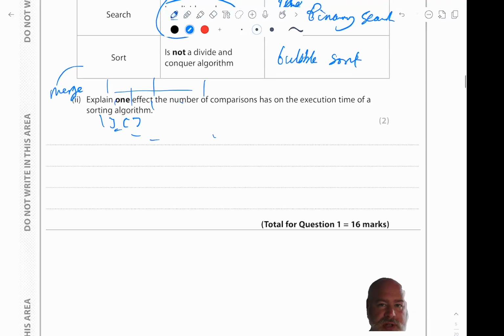These are pretty easy questions so far. The number of comparisons have on the execution time. Well, if you've got more comparisons, it's going to take longer, isn't it?